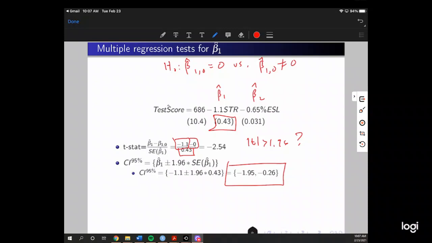Notice that 0 is not contained in that interval, and so that's another way to tell that we can reject 0, our null hypothesis, with 95% confidence. But this range that the confidence interval gives us is the range of values that we cannot reject with 95% confidence. So it could be the case that the real relationship is negative 1.95 or negative 2.26.